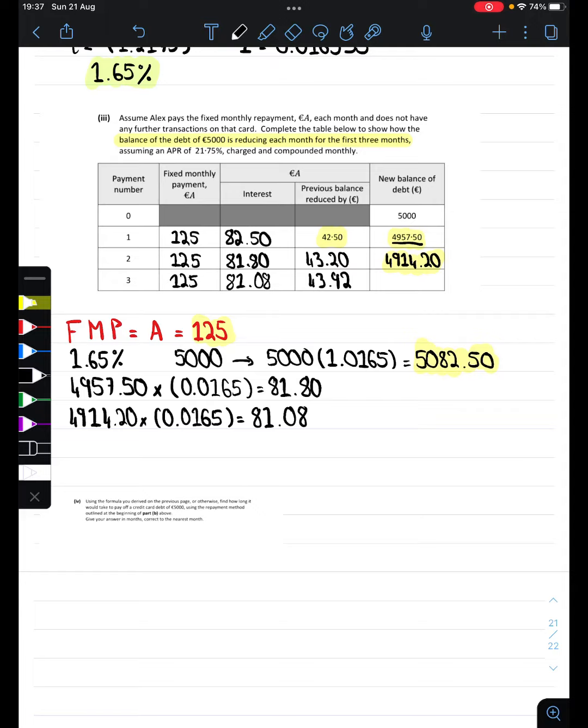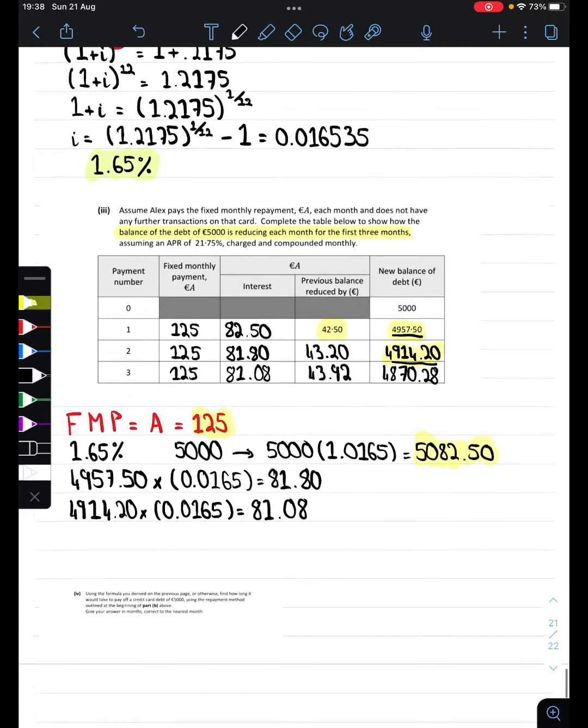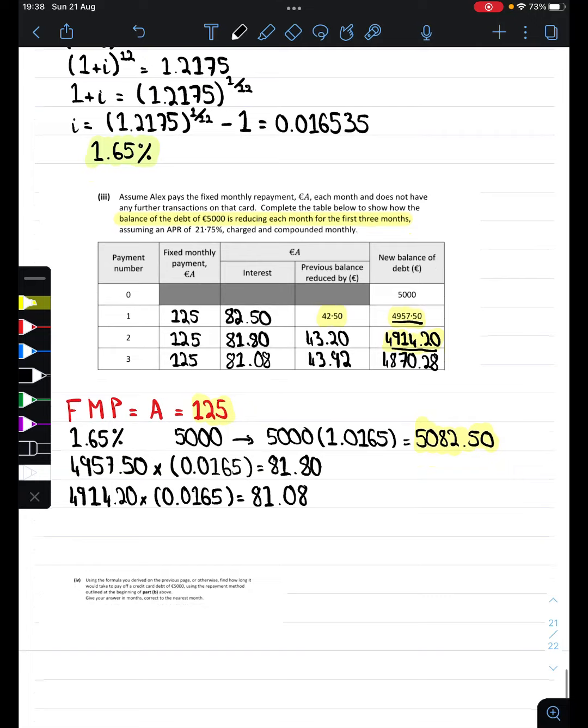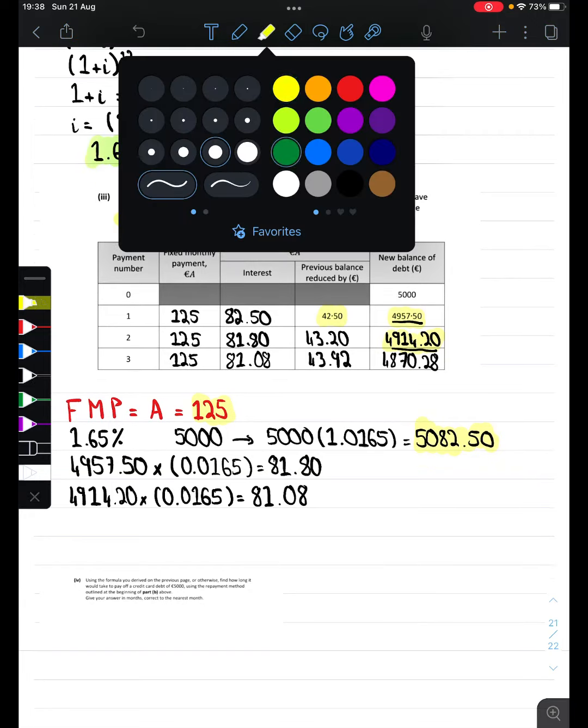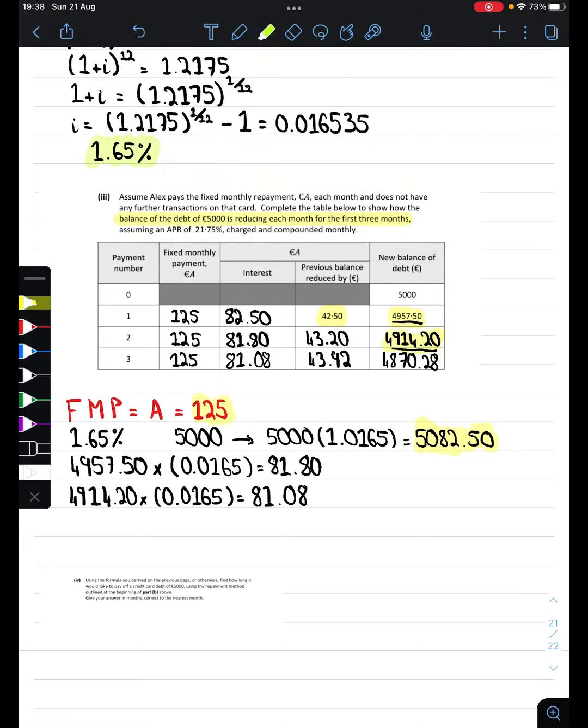And so the new balance, 4,914.20 minus the 43.92, is 4,870.28. So this is how the balance of the debt reduces over the first 3 months. And not looking so good for Alex.